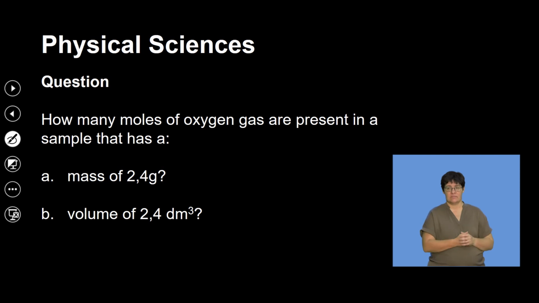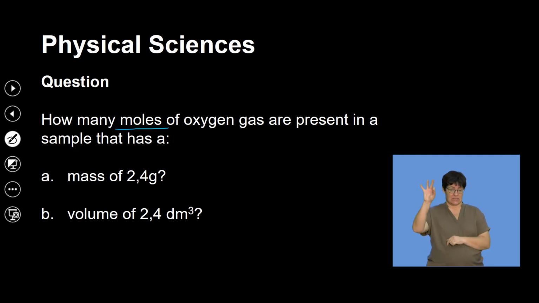Now the question says, how many moles of oxygen are present in a sample that has 2,4 grams? Now, we want the moles, which is the quantity, and we know that each mole has 6,02 times 10 exponent 23.